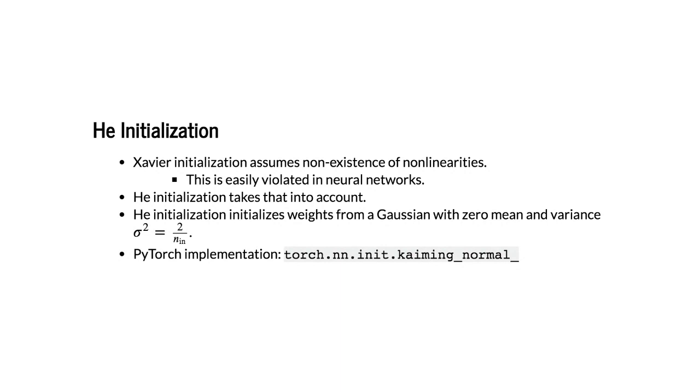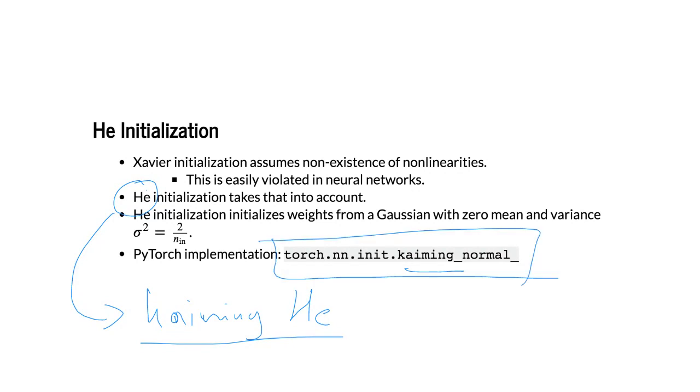So Kaiming He, this guy over here, is very famous for training very deep neural networks. He proposed another type of initialization, which is called the He initialization or Kaiming initialization, and can be found in this function over here.